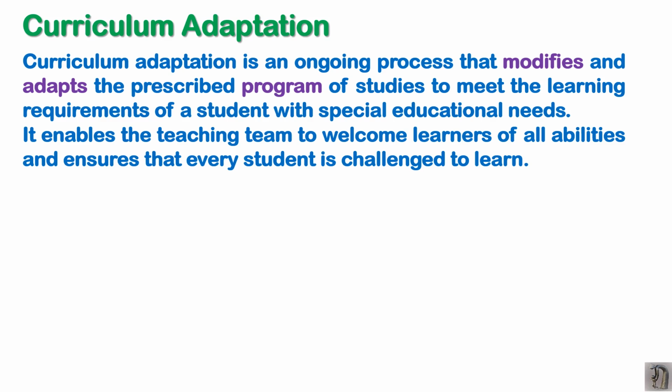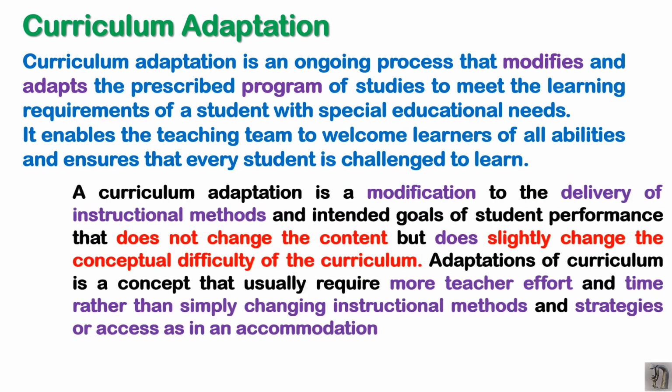See, whatever curriculum you have, they may not be able to cope, so you need to do some sort of modification, some sort of adaptation for the special education needs, so that it enables the teaching team to welcome learners of all abilities and ensure that every student is challenged to learn. So this is why you need to do the curriculum adaptation.